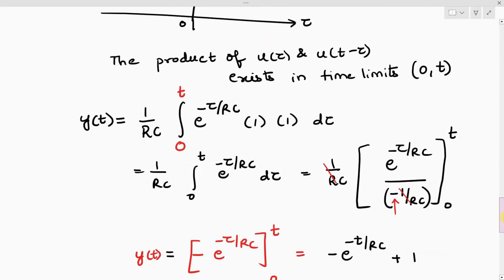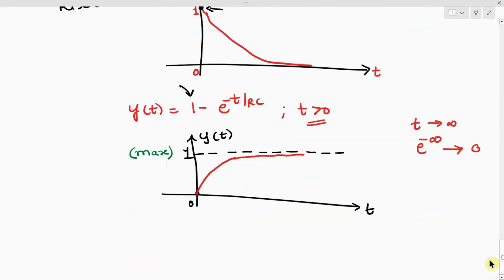Now, the maximum value is 1. What is 10% of 1? 0.1. 0.1 becomes 10% of maximum. And what is 90% of maximum? 0.9. So this becomes 90% of maximum.